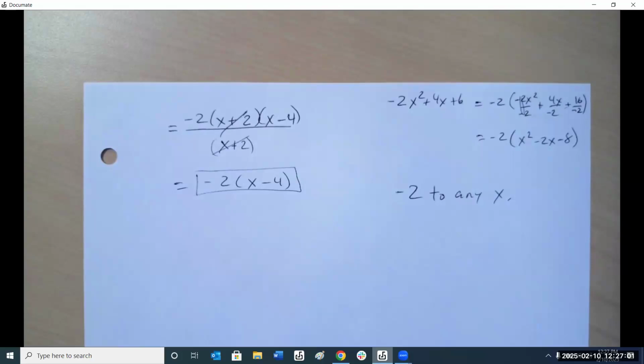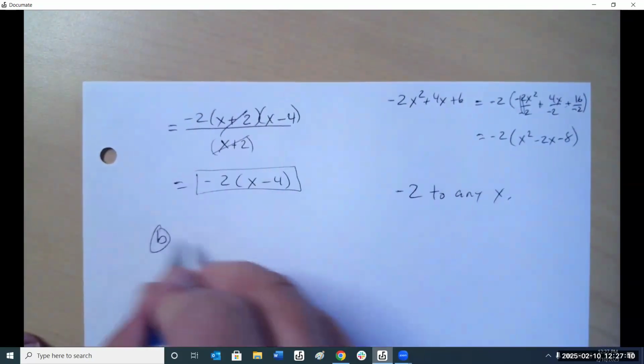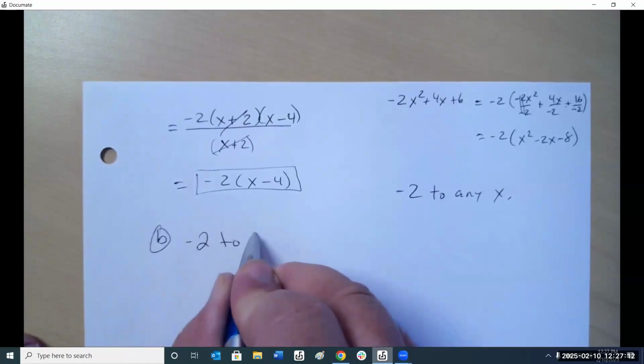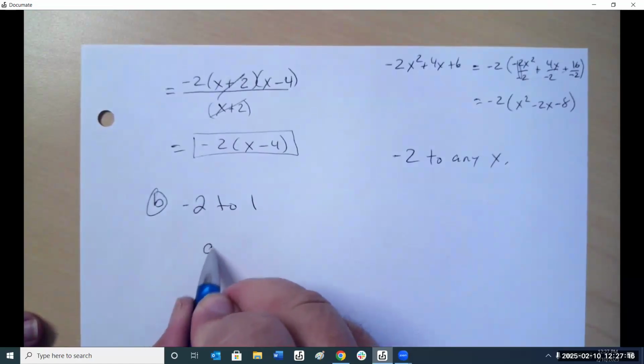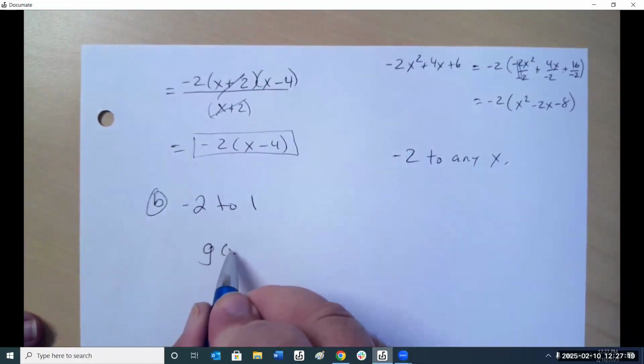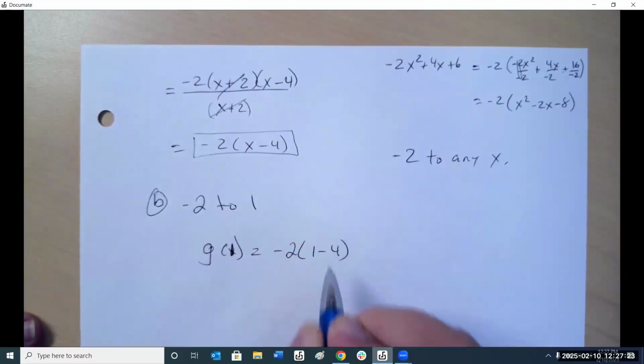Part B says, use the results from part A, find the average rate of change of G from -2 to 1. So from -2 to 1, it's -2, 1 minus 4.